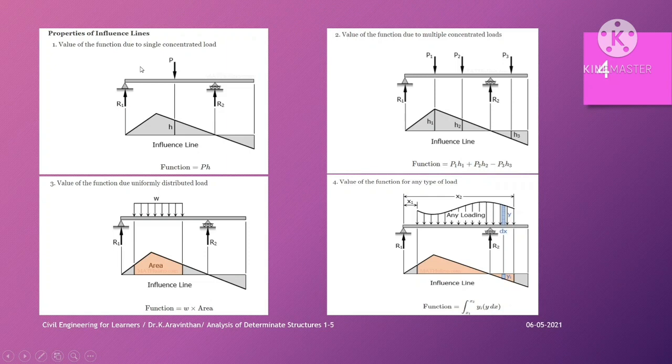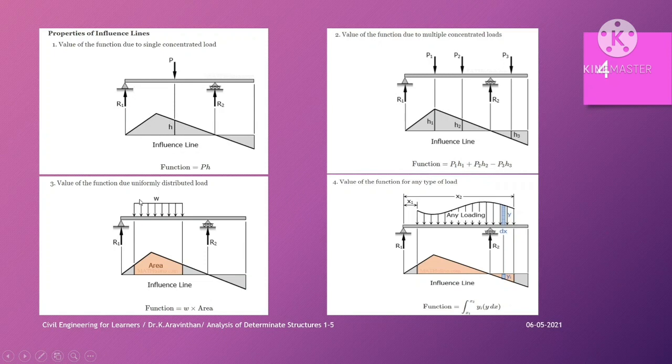In an example you can see there is a beam which has one end hinged and the other end a roller support. This is an overhanging beam, and for this beam, say for example, you assume a point load. If a point load is acting, you can identify the bending moment by using the influence line.